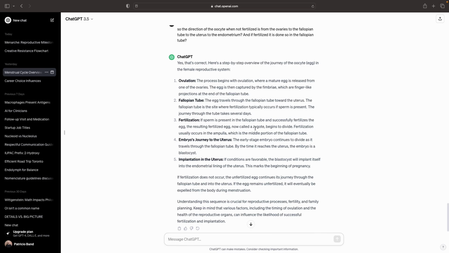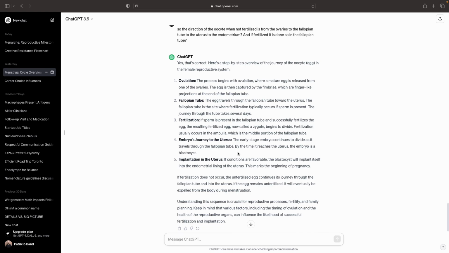It begins to divide. Fertilization usually occurs in the ampulla, which is the middle portion of the fallopian tube. The early stage embryo continues to divide as it travels through the fallopian tube. By the time it reaches the uterus, the embryo is a blastocyst.